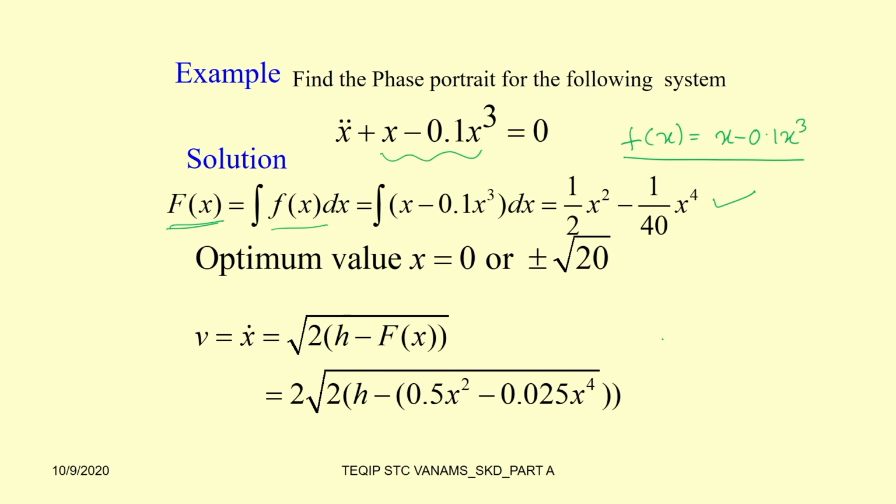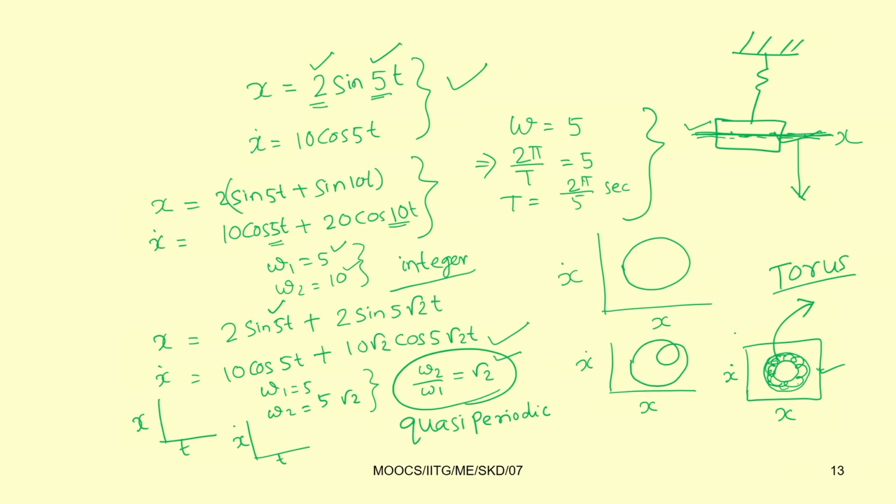So, the optimum value of x. If you recall the spring mass system or the double pendulum, already you know that in the case of the double pendulum, the potential energy is maximum at this position. Similarly, the potential energy is maximum at this position, and kinetic energy is 0 at this position.